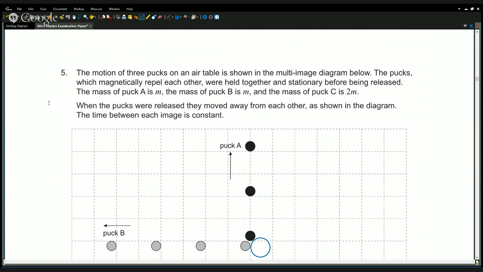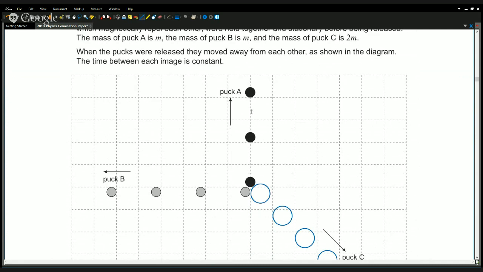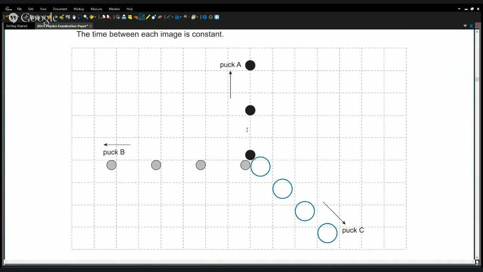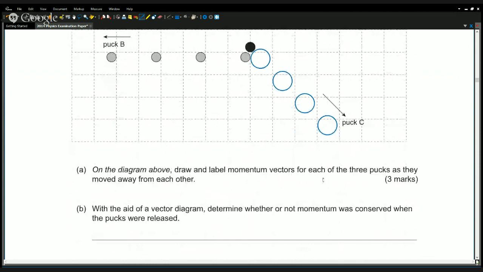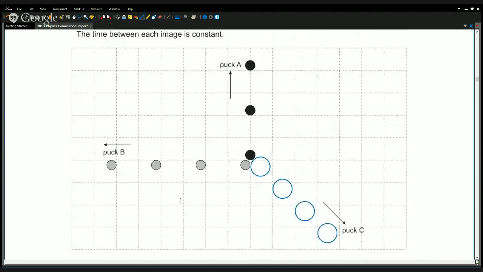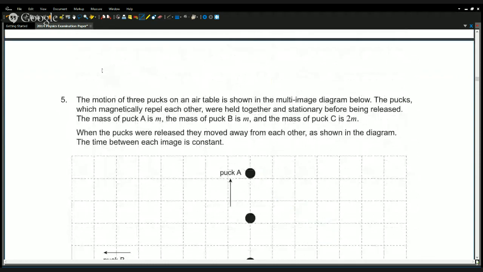As shown in the diagram, the time between each image is constant. So the space between these dots, if you join up those two dots, you can use that as your velocity. But we've got to use the law of conservation of momentum. On the diagram above, draw and label the momentum vectors of each of the three pucks as they move away from each other. Now, A and B have a mass of m, and C has 2m.